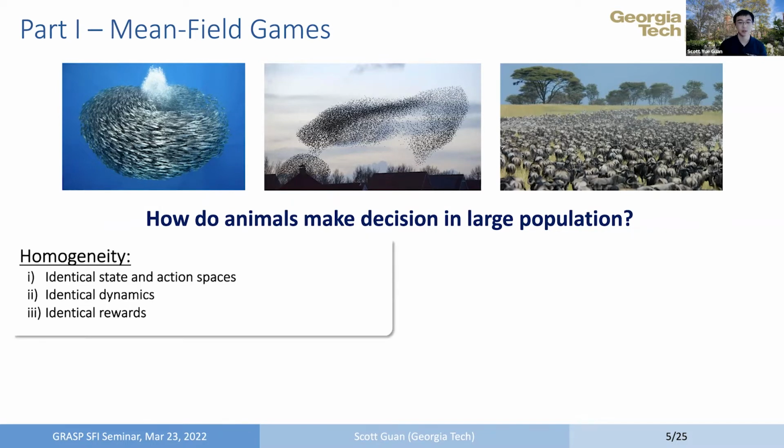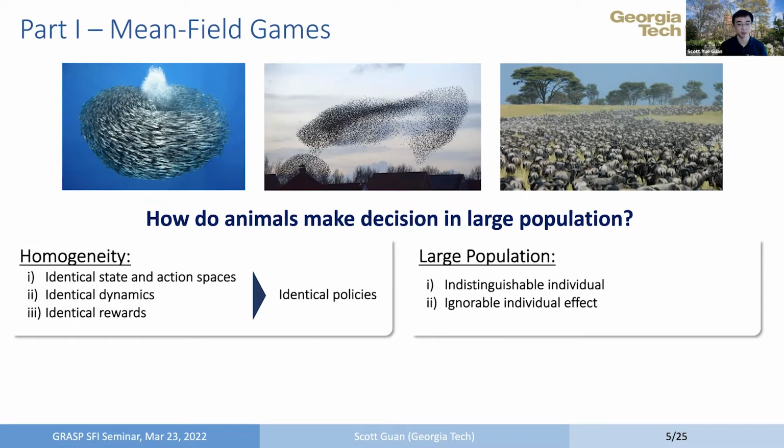The first characteristic of these large populations is homogeneity. The agents have the same or very similar state and action spaces, and they may also have almost identical dynamics and rewards. All of these symmetries motivate us to consider identical policies for all agents.